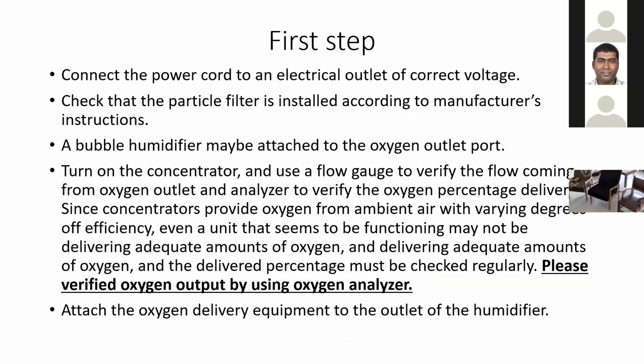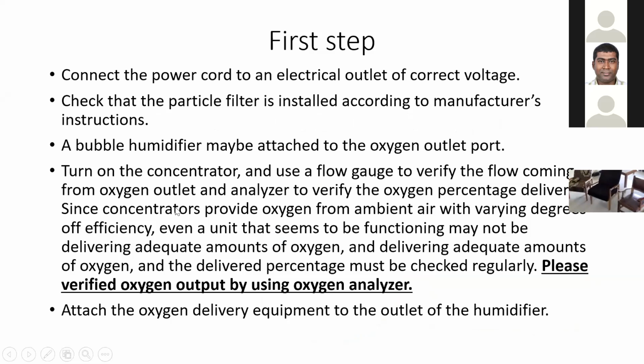So first step, normally you connect to the electric outlet with the correct voltage, 220, especially in your region, and check that. Before that, you check your filter is installed according to the manufacturer's instructions, and the bubble humidifier is attached to the oxygen outlet port.